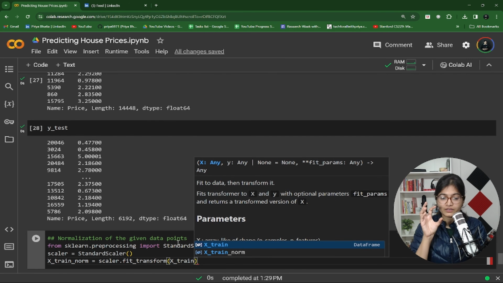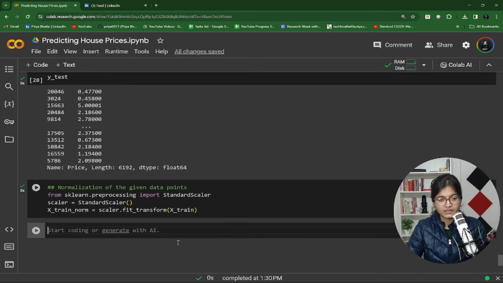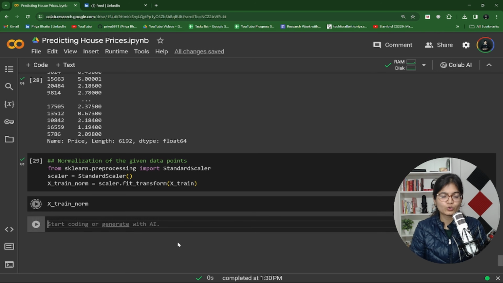This will help your values to scale within a specific range. I'll show you the same thing as well. Now, if you observe this x_train_norm value, you will see the difference.